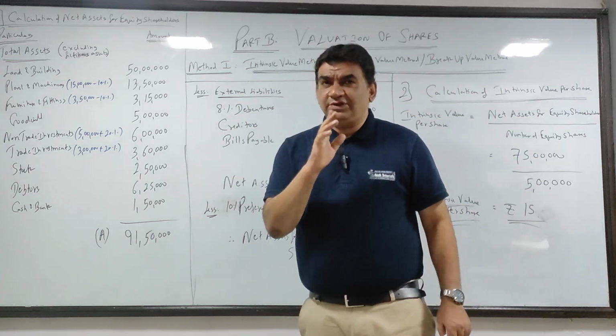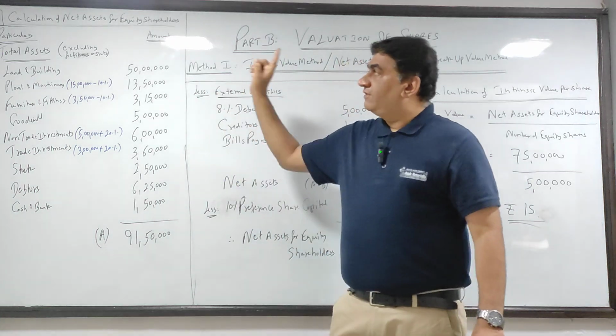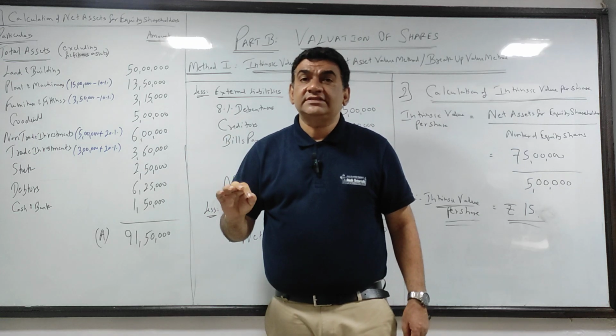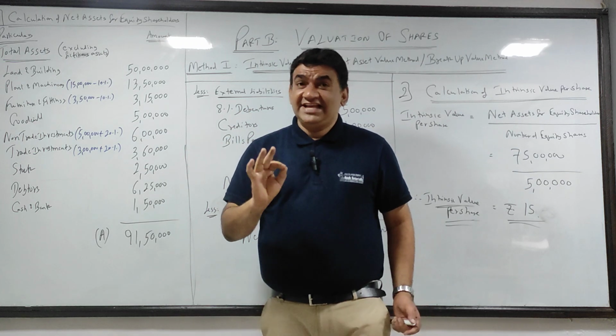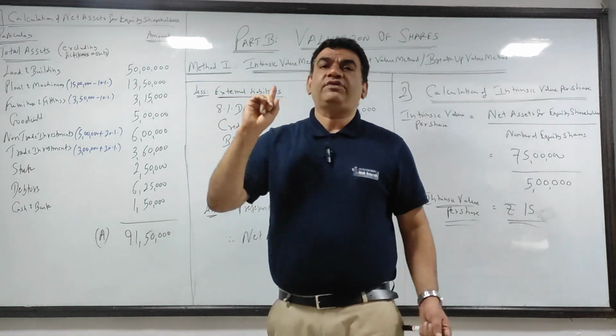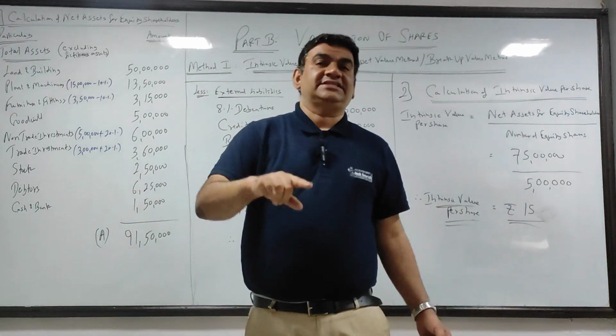Listen to what I'm trying to say. Don't get confused. सुनो, then next sum पे ध्यान दो. We will calculate the net assets for equity shareholders without having the information for assets.